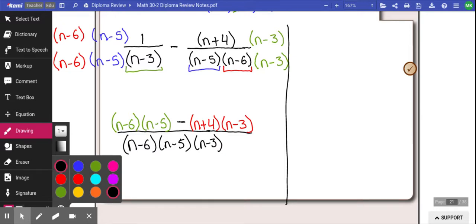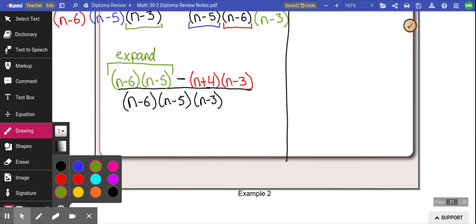So we're going to look at this green side, and we are going to expand that. Expand means multiply. When we multiply that together, we are going to get n squared minus 6n minus 5n plus 30.